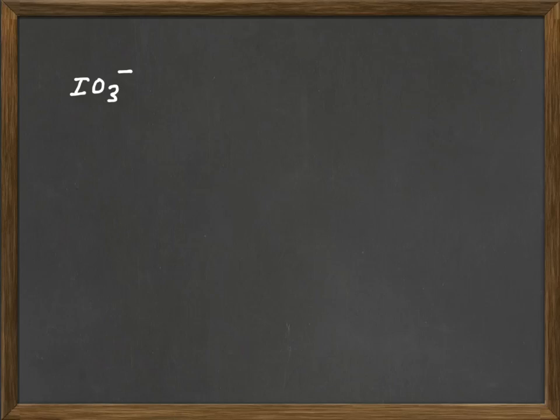Look at your notes from the previous. Iodate. Because she's following the pattern of her sisters. ClO3 minus, BrO3 minus, IO3 minus. Okay? Then what would iodite be? It would be IO2 minus. It's the light version.